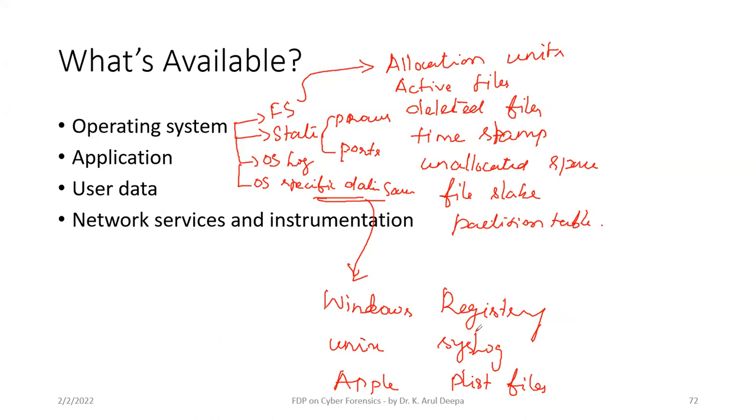Then application. Regarding the application, the next case is application specific artifact, like internet browser cache. You can collect internet browser cache. Nowadays, we need not go human readable form. It is there in human readable form. Browser cache can be analyzed, the database files, web server logs, chat program, user preferences can be analyzed, email client data files.